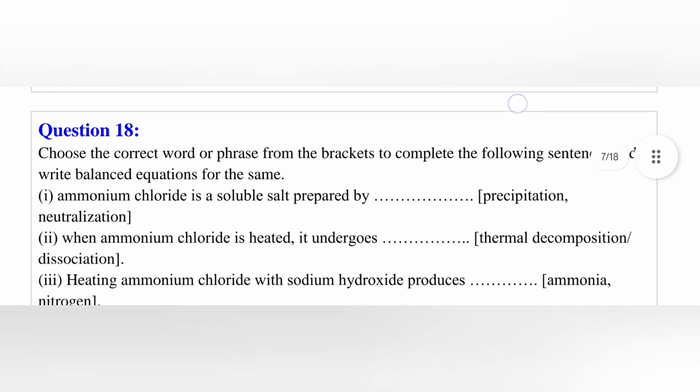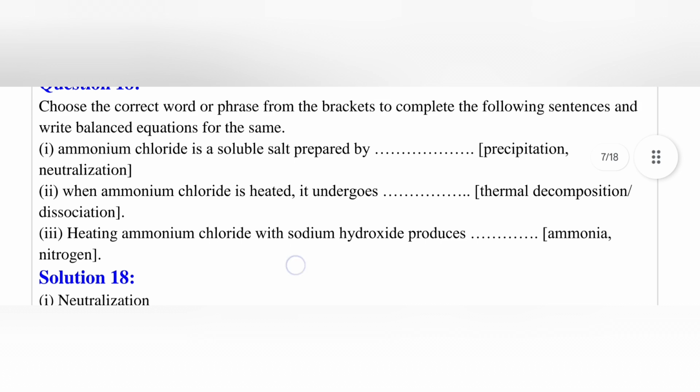Question number 18. These are the fill-ups. Give the correct word to fill the bracket. Ammonium chloride is a soluble salt prepared by neutralization.